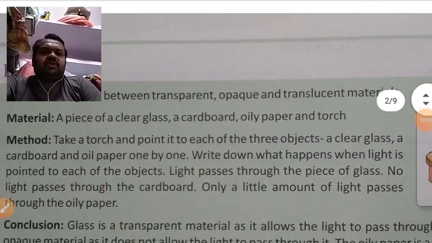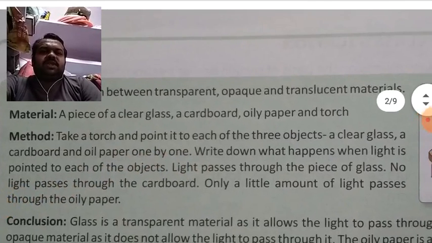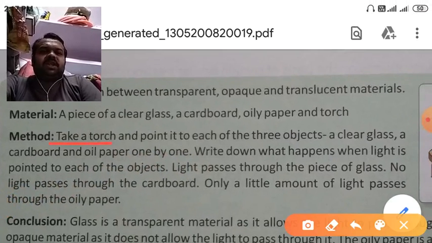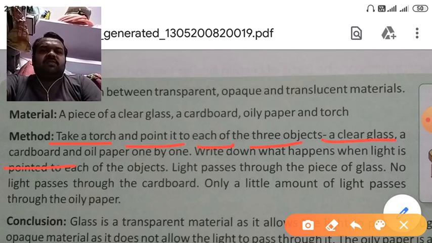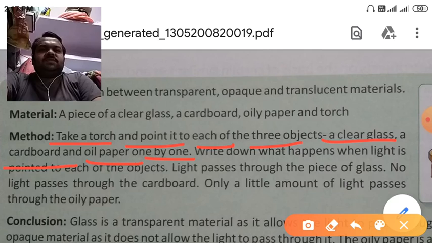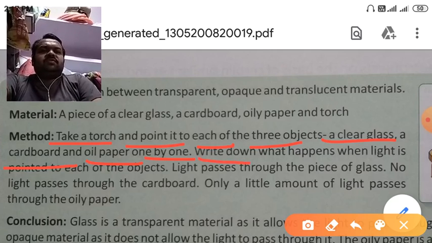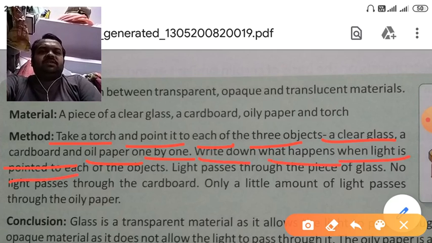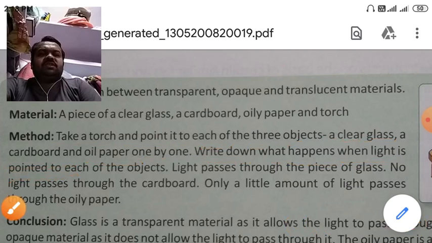Take a torch and point it to each of the three objects one by one: a clear glass, a cardboard, and oily paper. Write down what happens when the light is pointed to each of the objects.